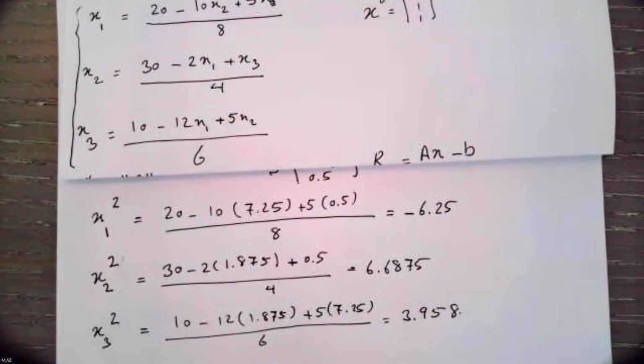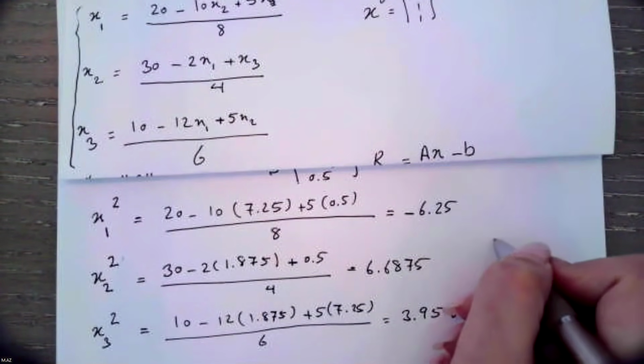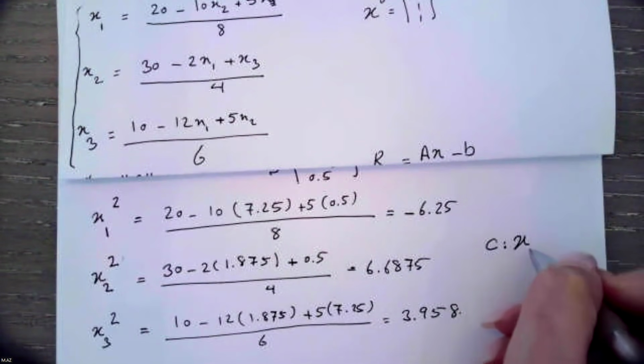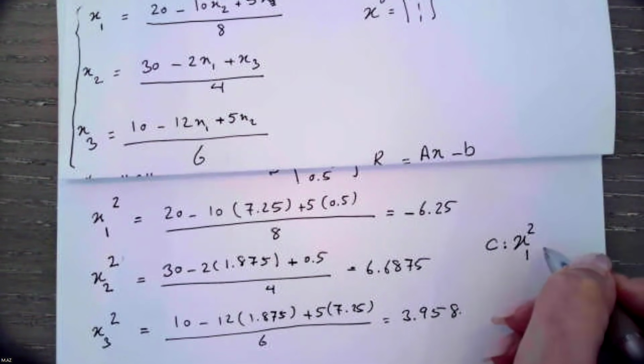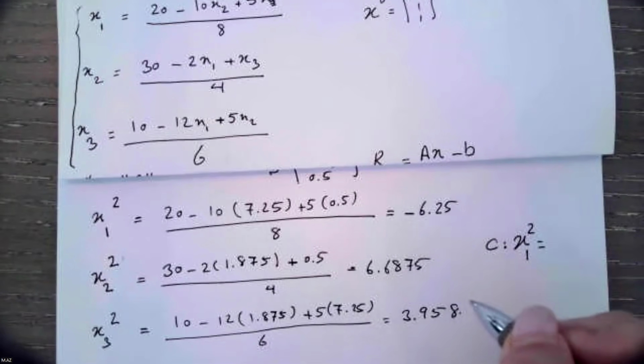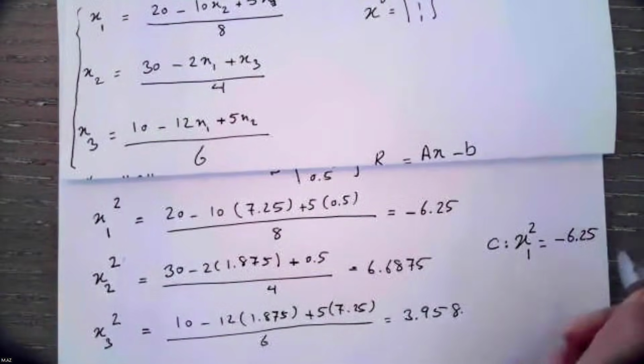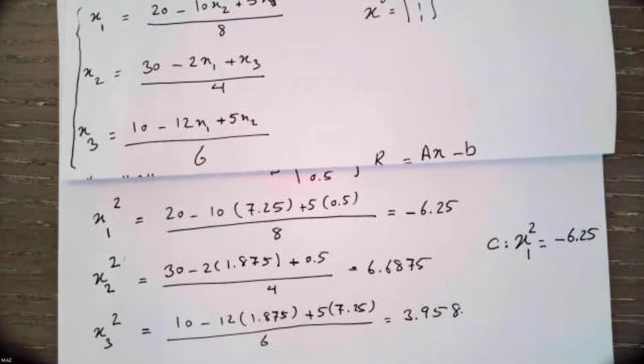The answer of part C, the value of the x1 for the second iteration based on this solution, is negative 6.25.